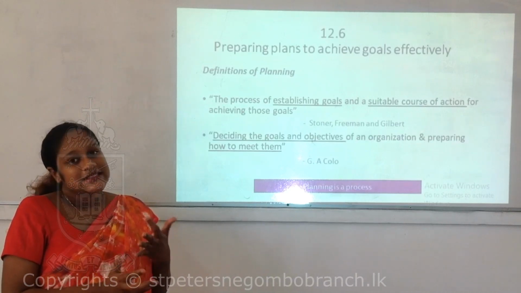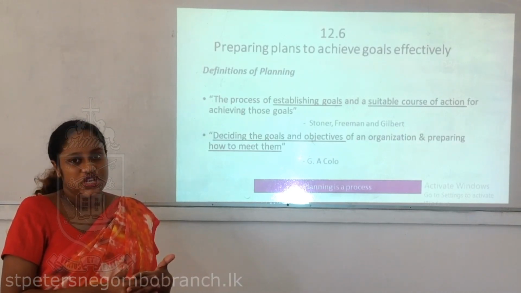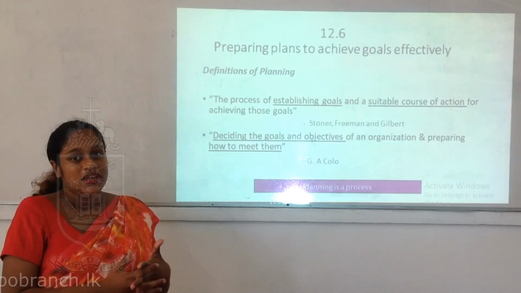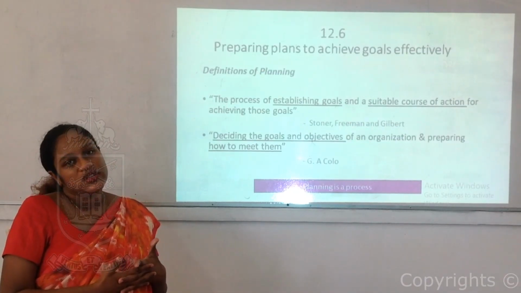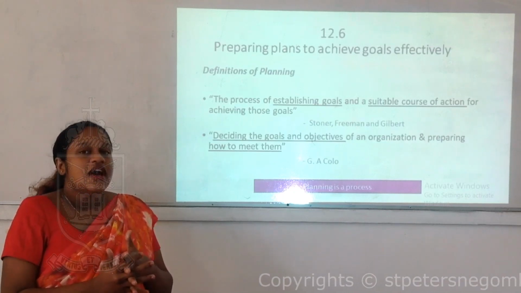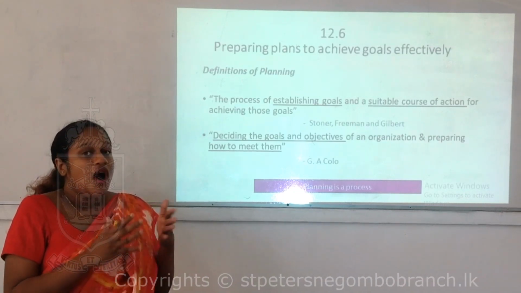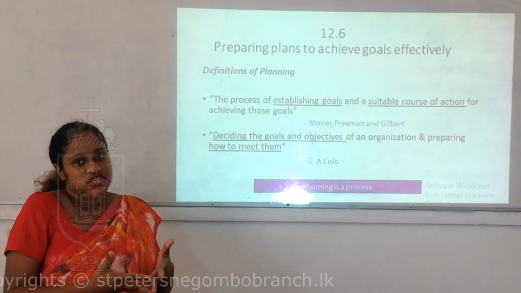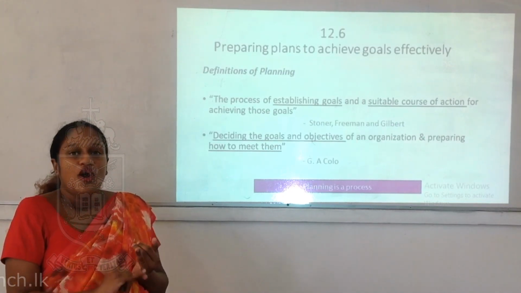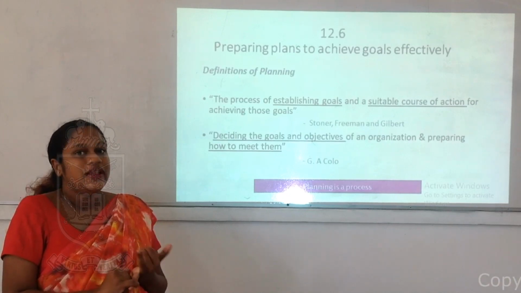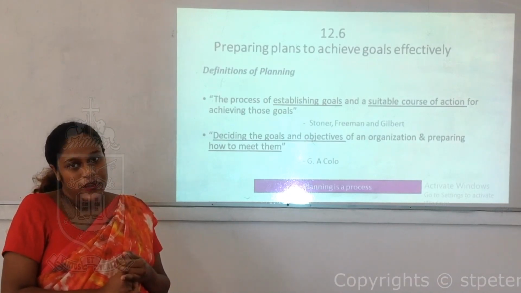The first one is establishing the goals and objectives. The second one is determining how to achieve those goals and objectives. In other words, how to achieve means strategies. So basically, what do we want to achieve and how do we want to achieve it. That's what we learned in our previous lessons about planning.